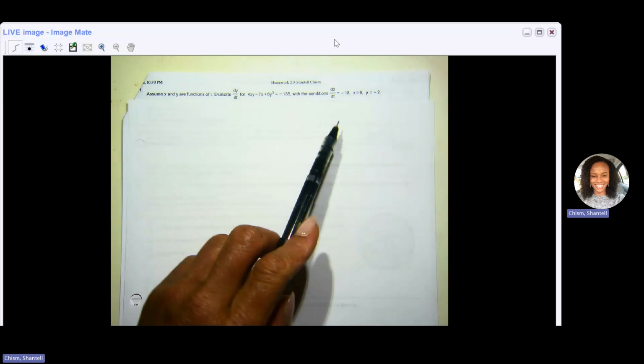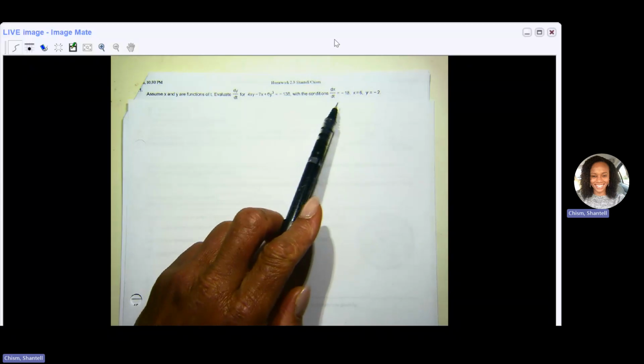And when we look at the related rates problem, t will of course represent some time. But we're going to evaluate dy/dt, which is the derivative of y with respect to t, for this equation, okay? And also with these given conditions.